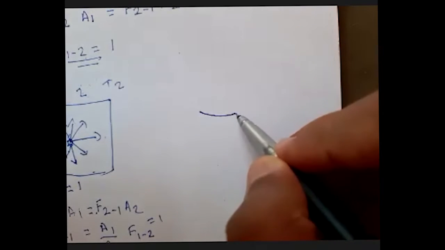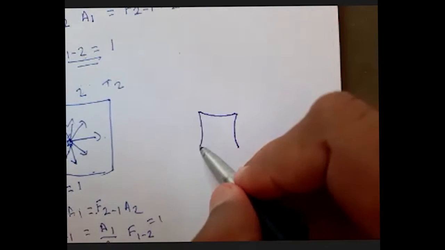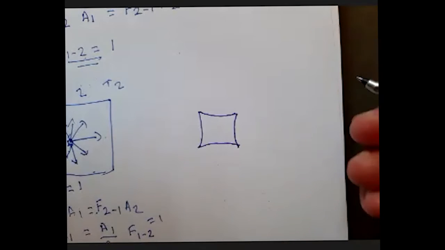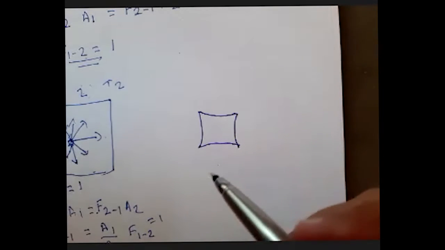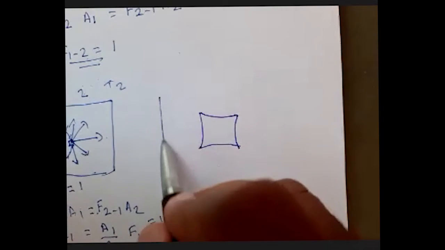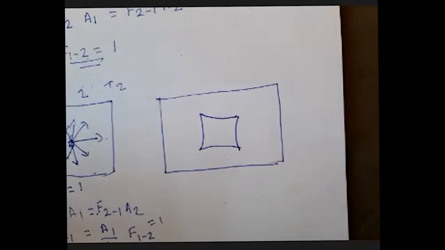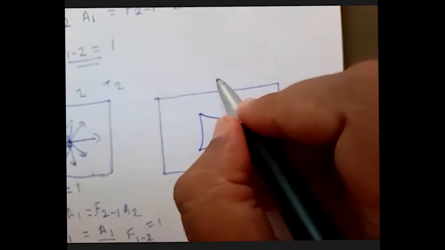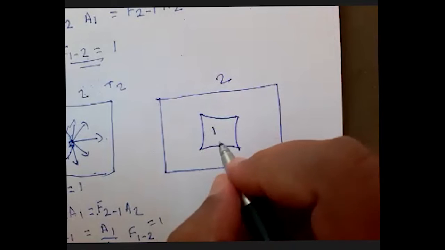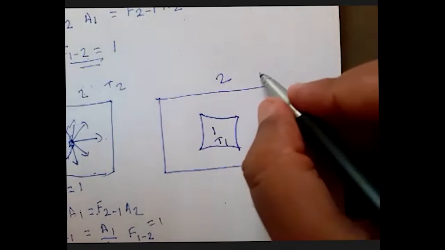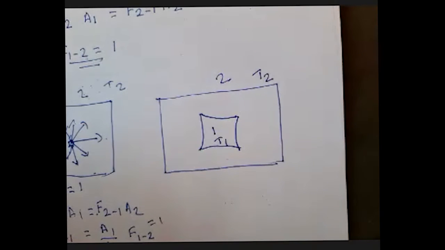Say suppose I have one surface like this, which I call a concave surface. Again it is enclosed by surface 2, and this is surface 1, maintained at temperature T1. This is maintained at temperature T2.